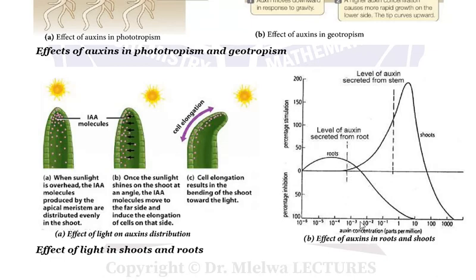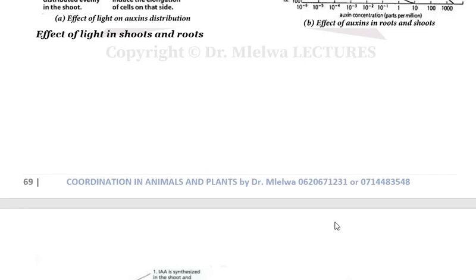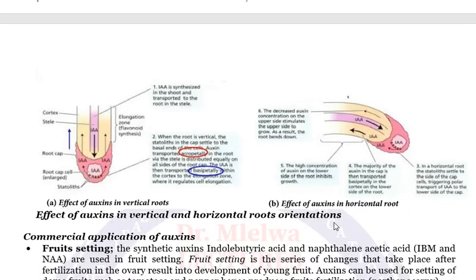As you can see, this concentration is very small and it is insignificant for the growth of shoots, but the level of auxin secreted by the stem or the shoot apex is very high, which tends to inhibit the growth of roots. So the amount of auxin required by the plant to stimulate either shoot or root development is different in these two cases.